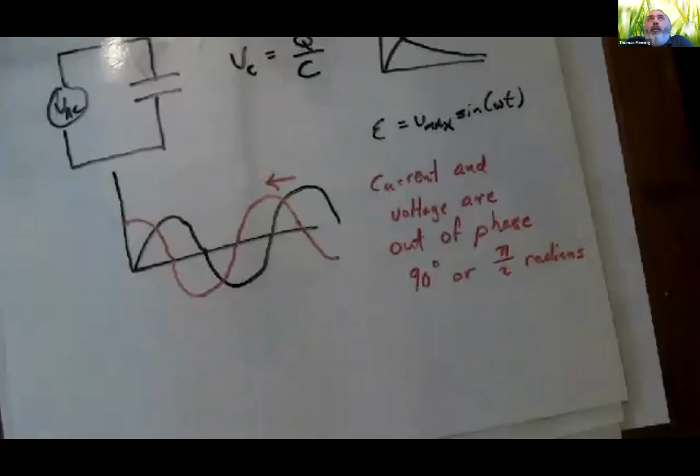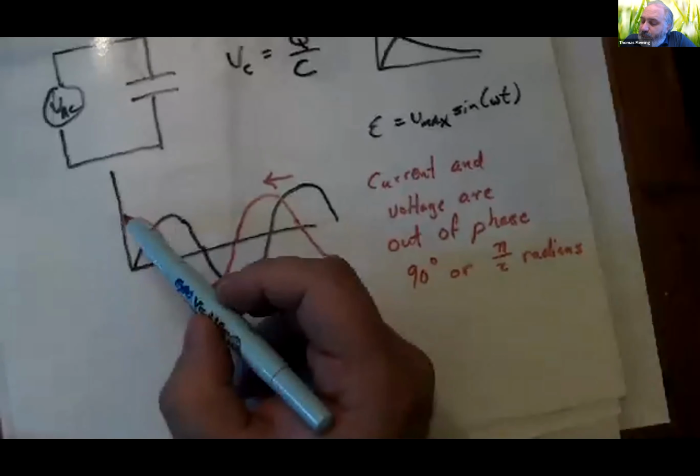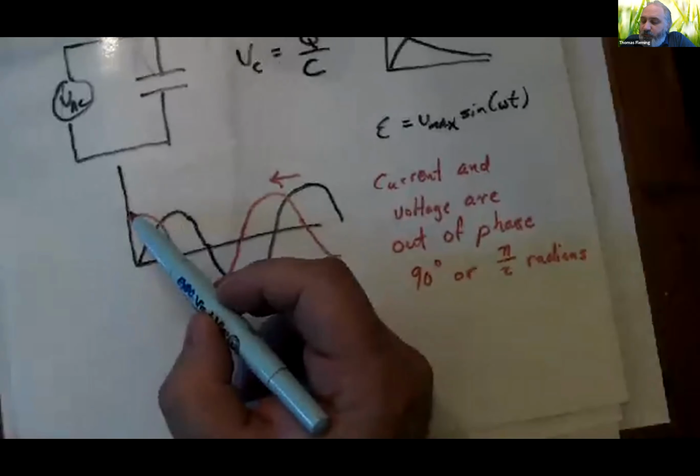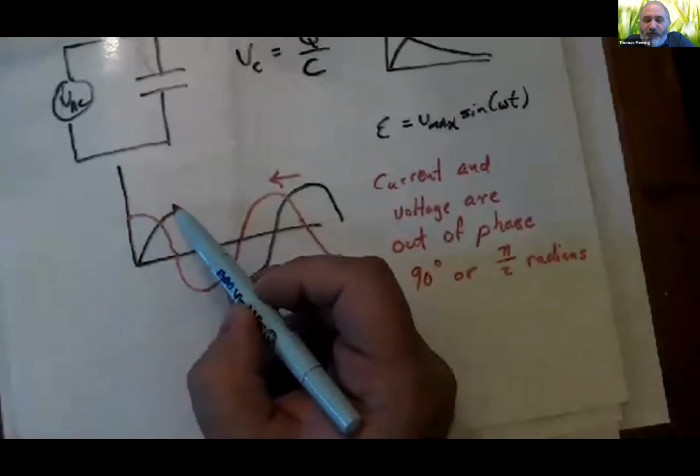So with a capacitor, we say that a capacitor is 90 degrees out of phase between the current and the voltage. And you'll notice the way we've graphed this, the current is maxing out before the voltage maxes out.